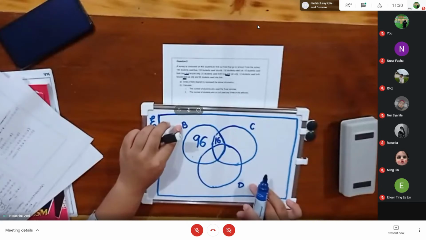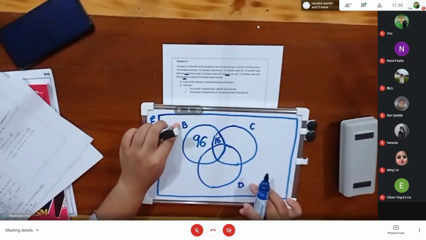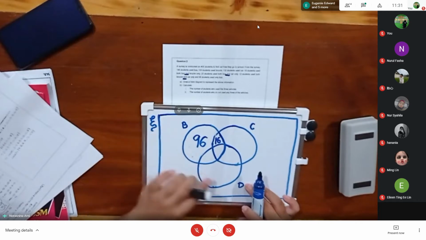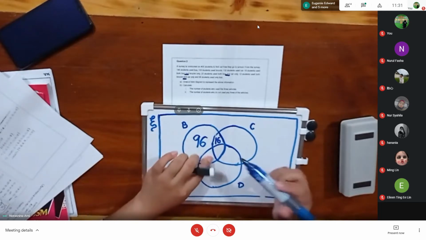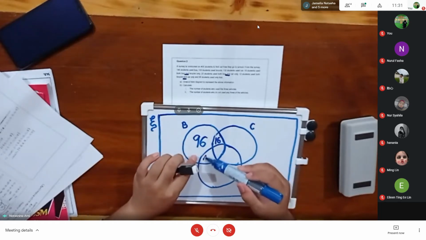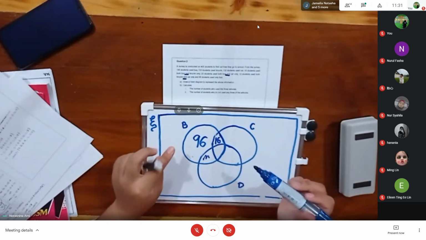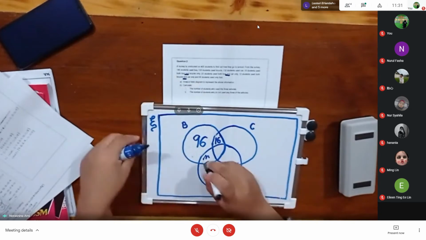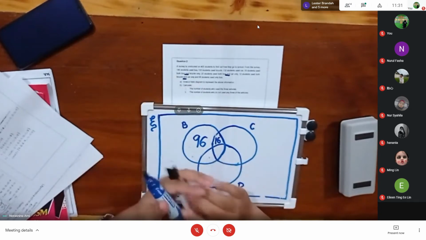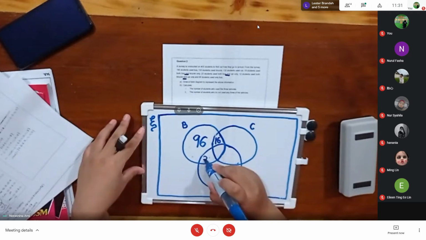And now we label for both bus and car. Okay, B and D. This is bus, this is car. So the intersection between bus and car is this part. So now 20 students, we will write 20 here.